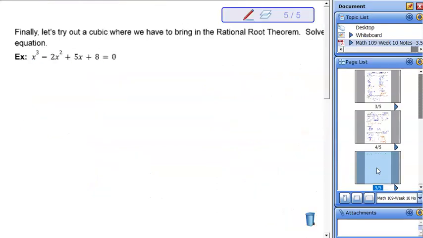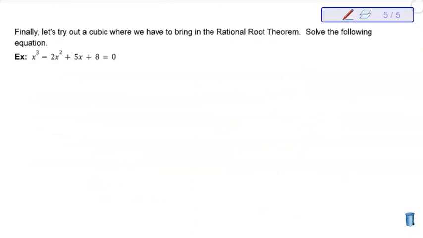Last problem. It's going to kind of mold what we did in section 3.5 to our complex numbers. So if I'm trying to solve a cubic equation when it's equal to 0, we are going to bring in Cauchy's bound, which was the M and a sub n. So going back to section 3.5, remember M was the largest number in my polynomial's coefficients, which is 8.